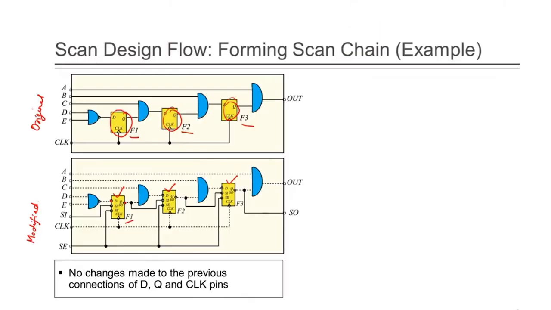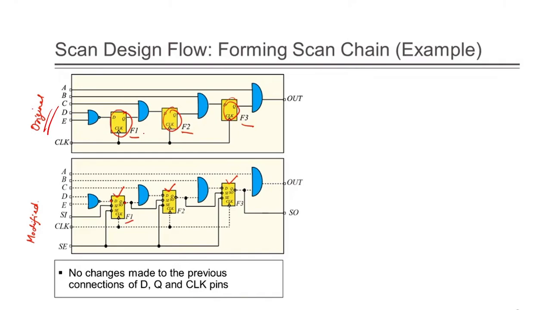If you see an example of forming a scan cell, first this is the original circuit. Between the two combinational circuits, you connected the D flip flop. This is my original circuit.